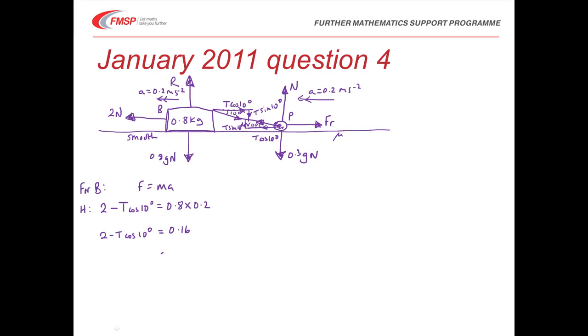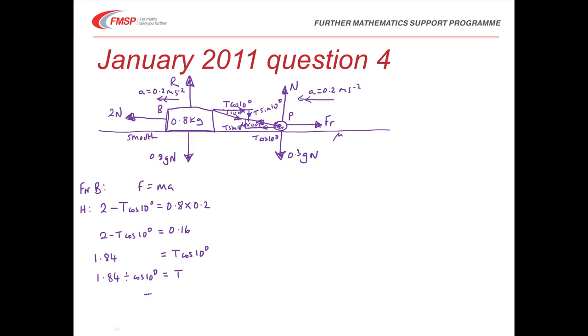Well, I'm going to subtract 0.16 from both sides, so on the left I'll have 2 take 0.16, which is 1.84. And I'm going to add T cos 10 to both sides. Well, that means I can divide by cos 10 and get that T equals 1.84 divided by cos of 10.